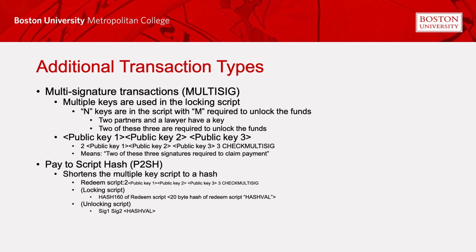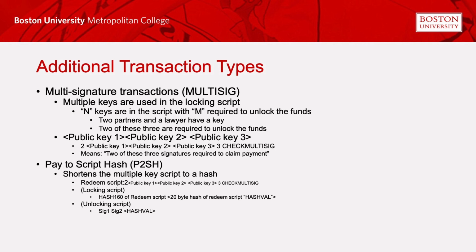In case the business partner became unavailable, the lawyer could sign for the remaining business partner. So that's a multi-signature transaction, and it just basically indicates how many of the 3 signatures are required. You can have 2 of 3 required, 3 of 3 required, whatever.